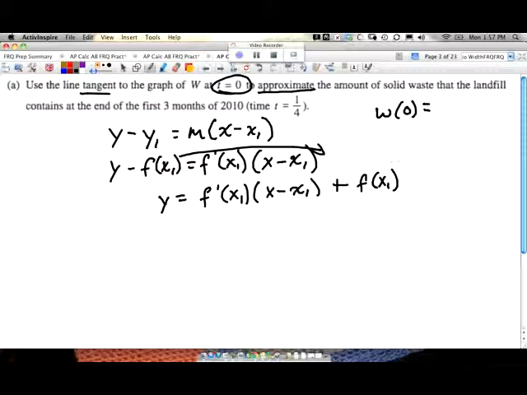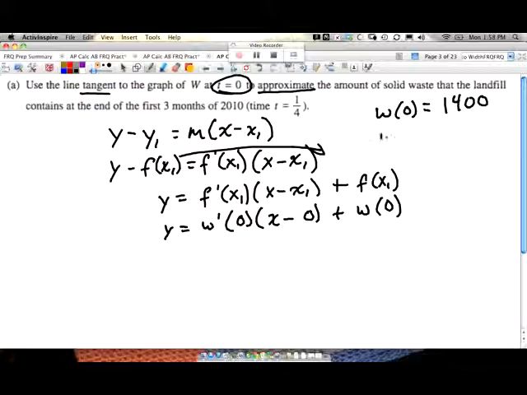Okay, so let's see what we would get there then. I'm using the letter f here, but this is really W. So W prime of 0 times x minus 0 plus W of 0. Well, W of 0 equals 1,400. W prime of 0 is going to be 1/25.